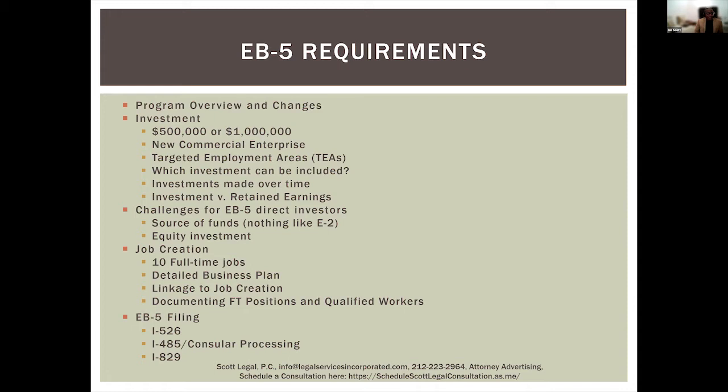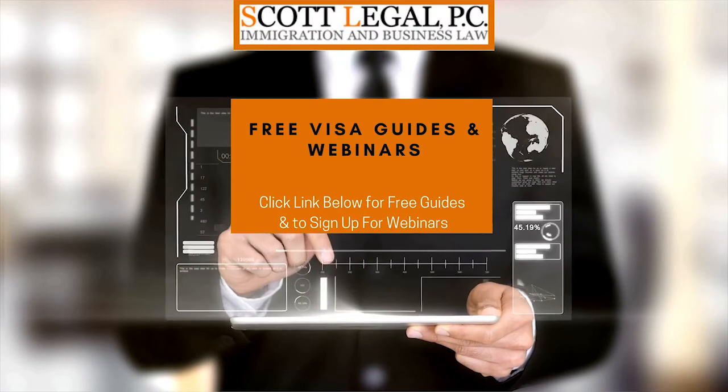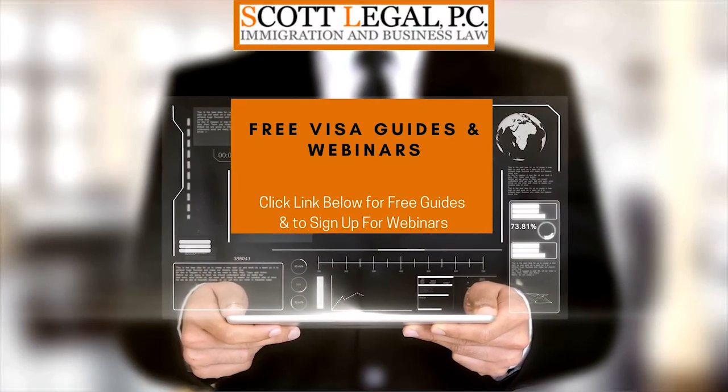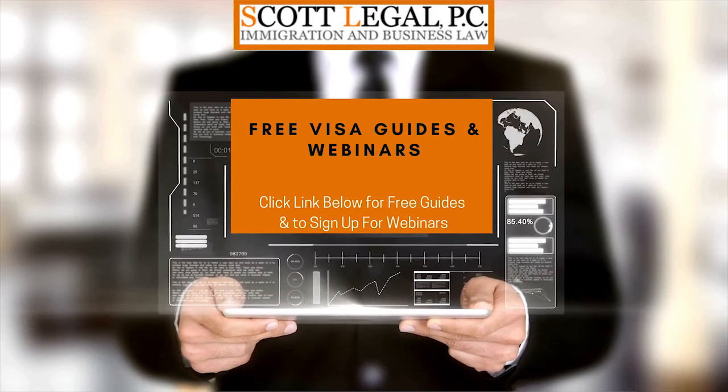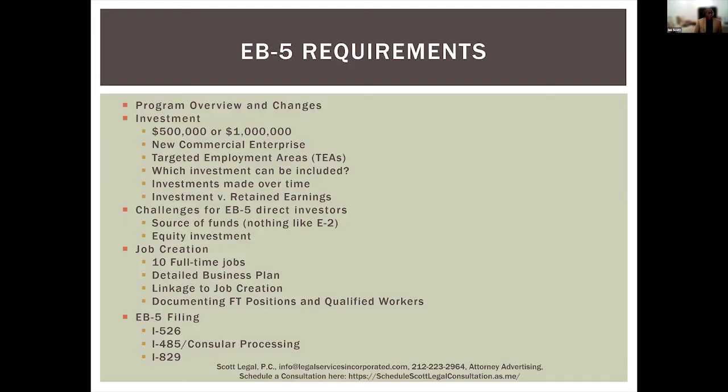And this particular visa, unlike the E2, has very specific number requirements in terms of investment and jobs. So first, before we dive into EB5 requirements, let me just talk about the program overview and some of the changes. So the EB5 program is really broken out into two areas. The first area of the EB5 program is regional center.